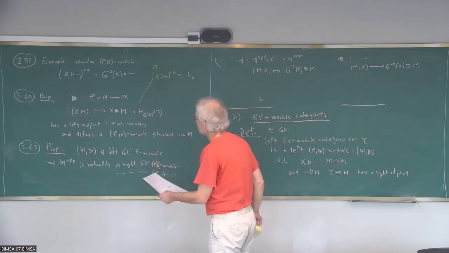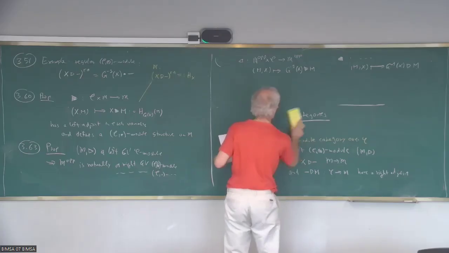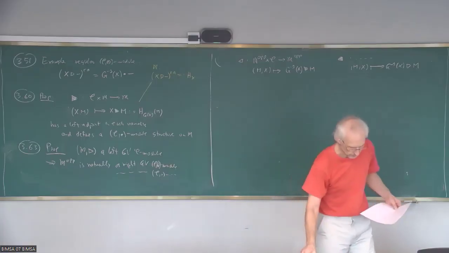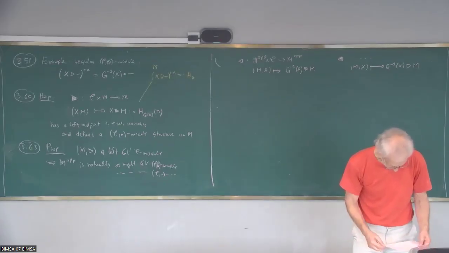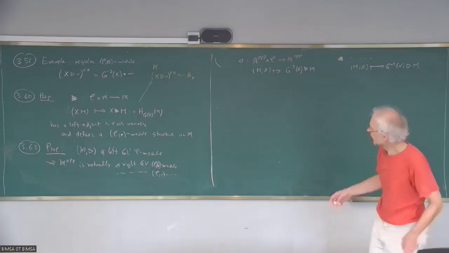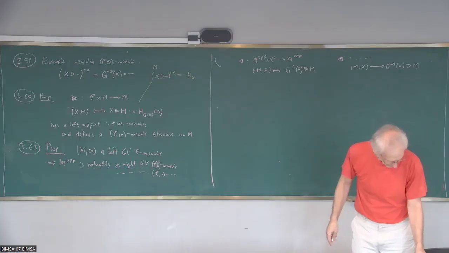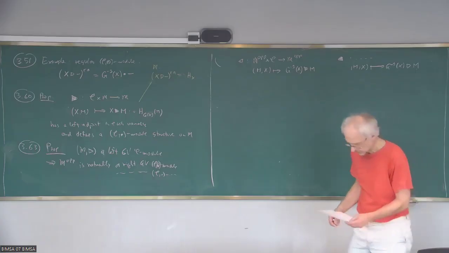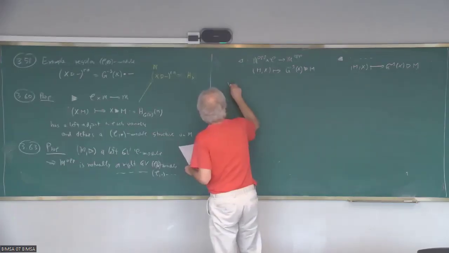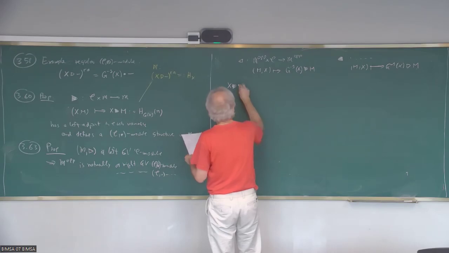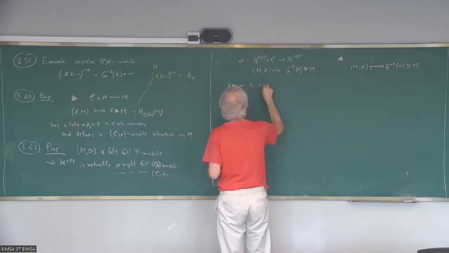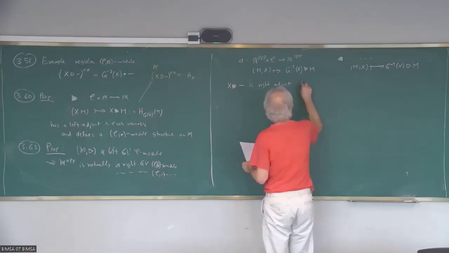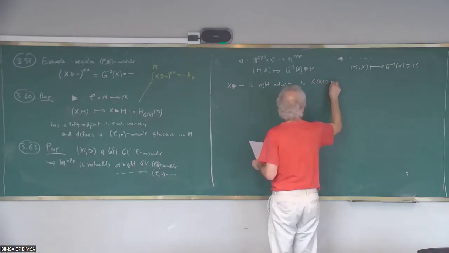And if I specialize this information, it turns out that X acting in this way is right adjoint, just by combining identities that we have seen, to G of X acting in the other way.